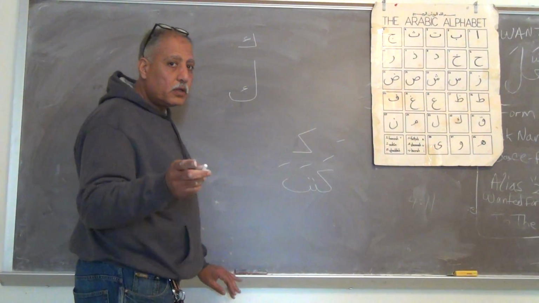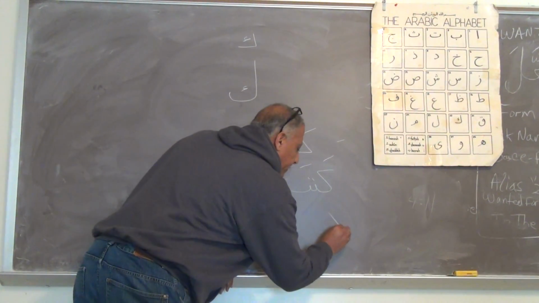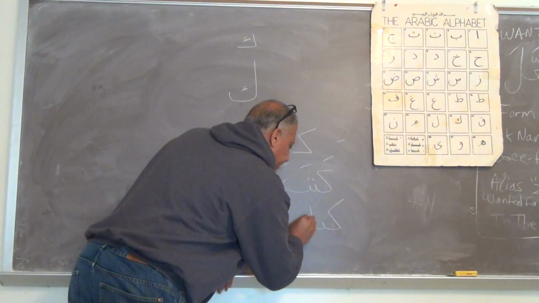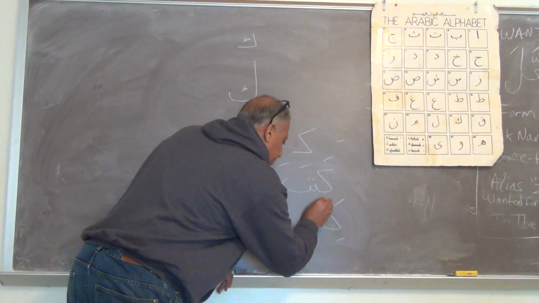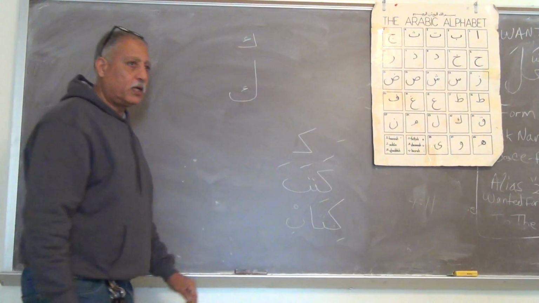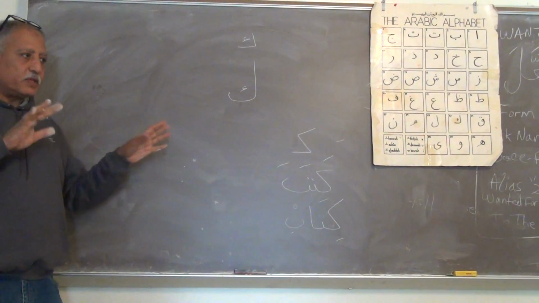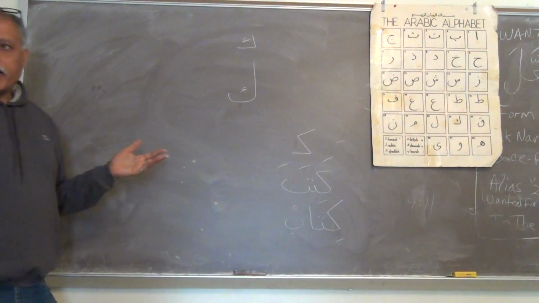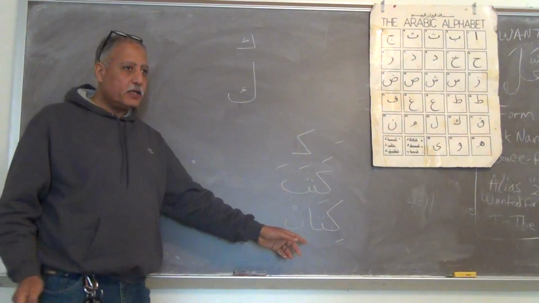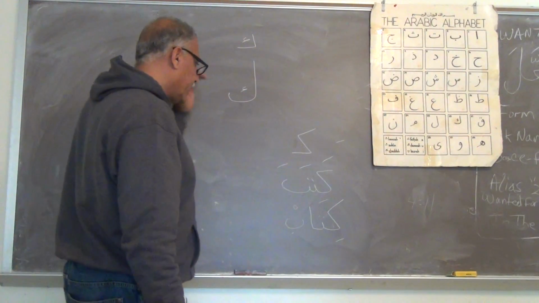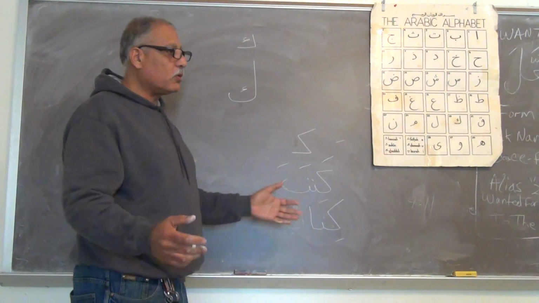Any word: كتاب, a book. We notice that كتب and كتاب come from the same root. كتب يكتب كتاب. كتاب means a book, and the other, كتب, means he wrote. Somebody wrote something.